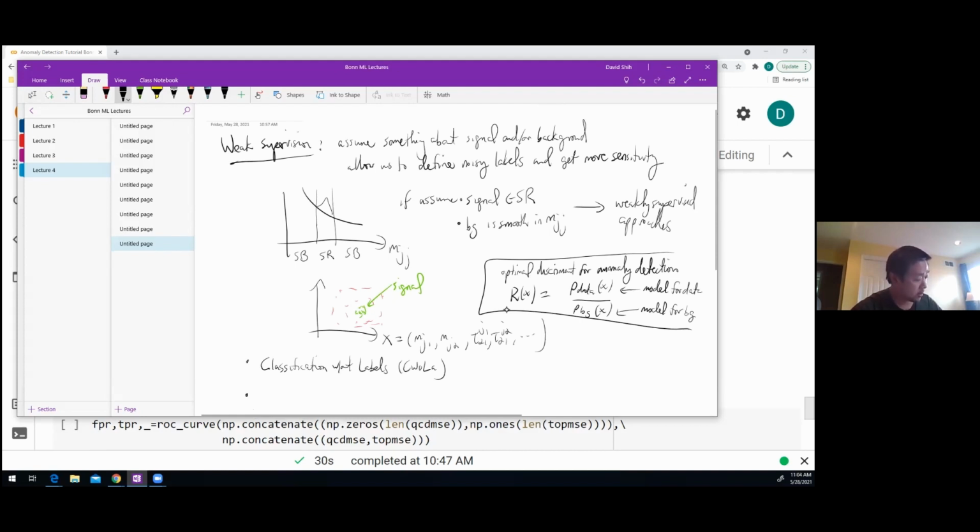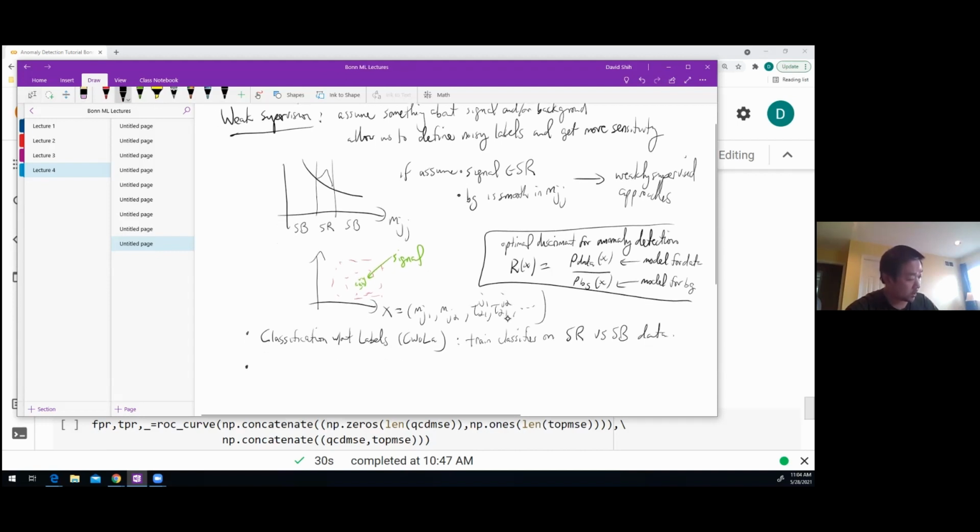The idea here is that we train a classifier on signal region versus sideband data. So if this classifier is optimal, what will it learn? It'll learn this likelihood ratio. Sideband is here, signal region is here, and X are these auxiliary additional features.